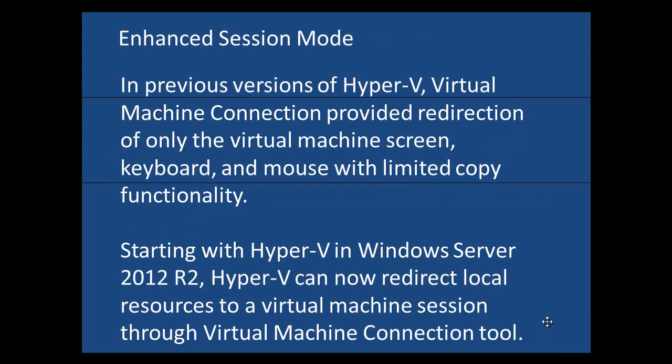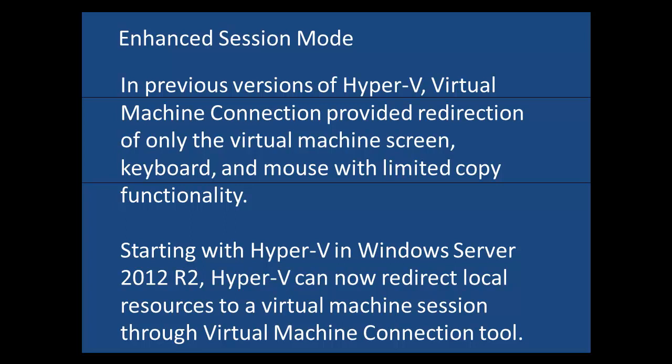We want to turn our attention to Enhanced Session Mode. Now, in previous versions of Hyper-V, redirection from the local resources to the virtual machine setting only incorporated the keyboard, the mouse, the machine screen, and even then with limited copy functionality.